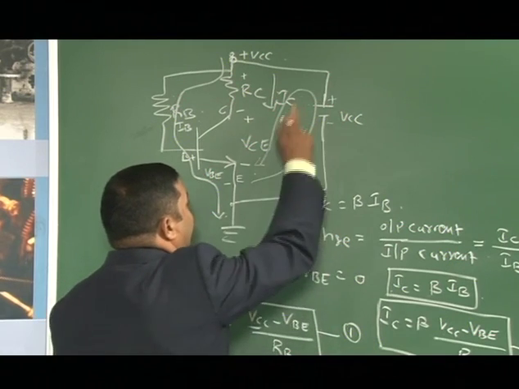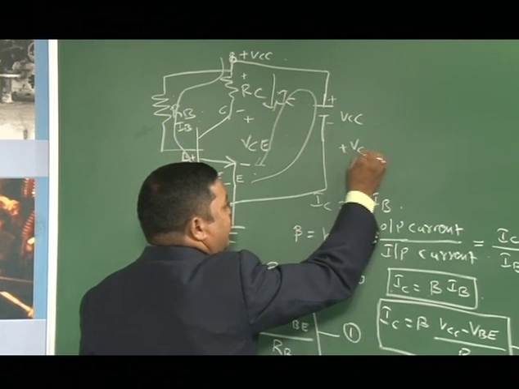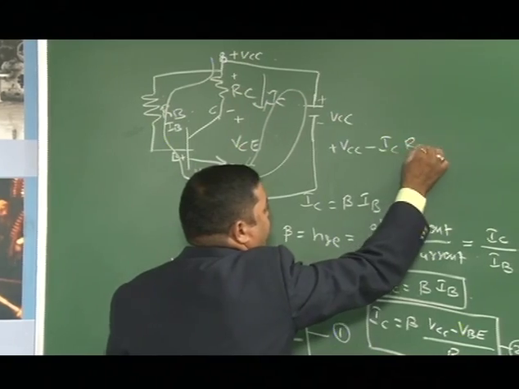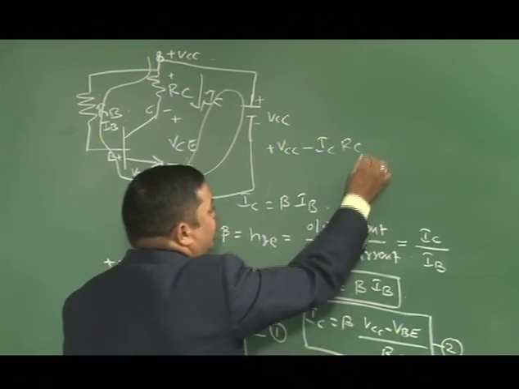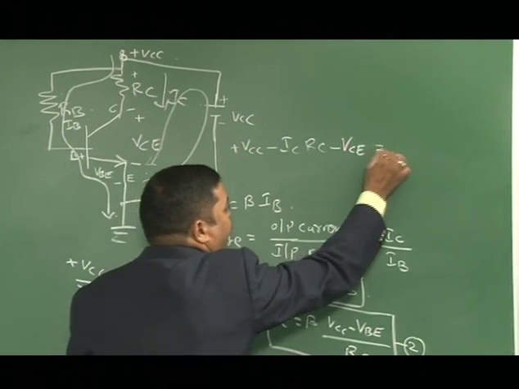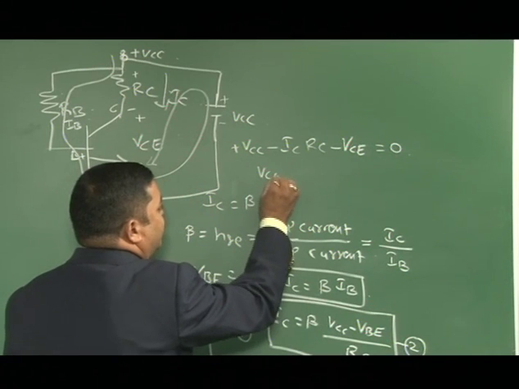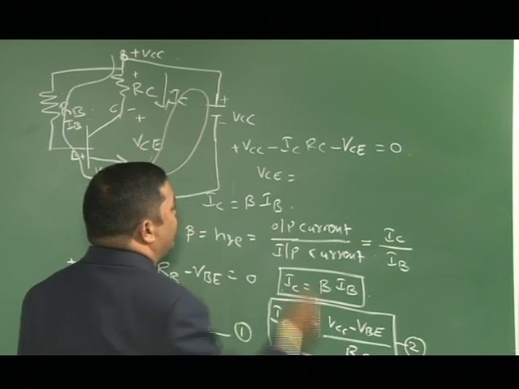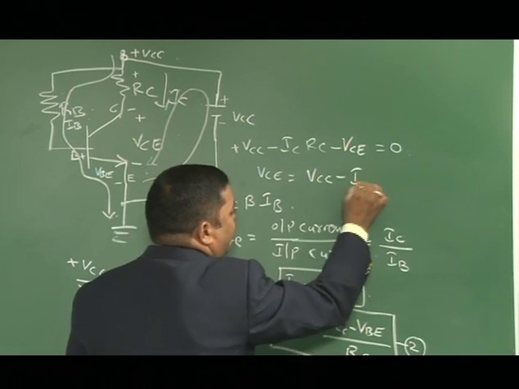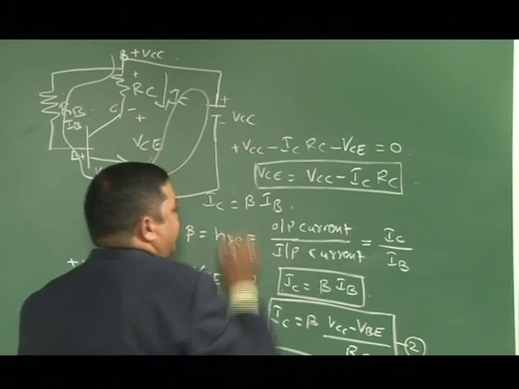Therefore, applying KVL to the output loop, we get plus VCC minus IC into RC minus VCE is equal to 0. So what is VCE out of this? VCE is equal to VCC minus IC RC. So this is the equation for VCE.